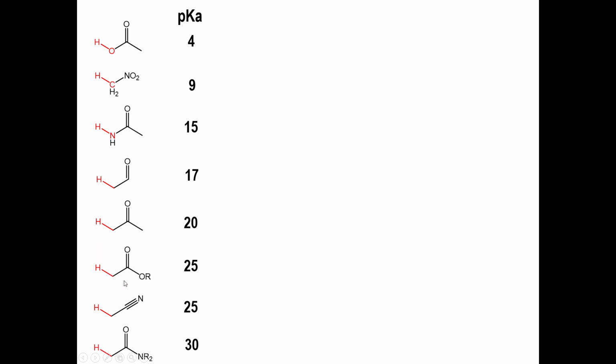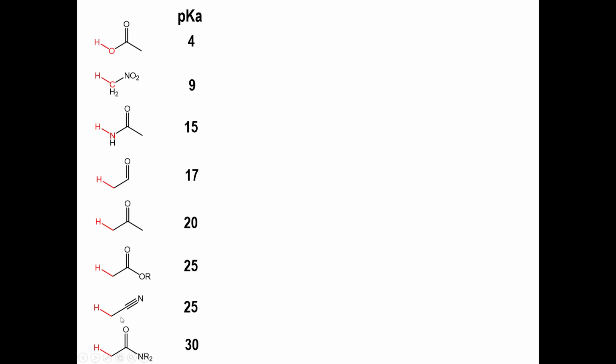And by the time you get to an ester, due to the presence of the second oxygen that does dump electron density onto the carbonyl carbon, you raise the pKa slightly more. And somewhat similarly for the nitrile, the pKa is also about 25 because nitrogen is not as electronegative as oxygen, right? So you don't have as big an effect via induction, but it is still considerable.